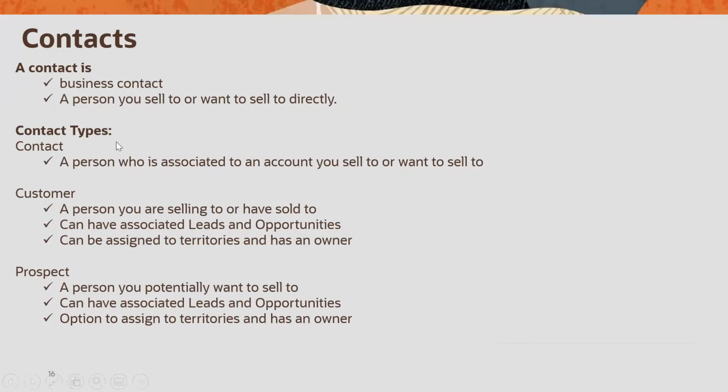Or it can be a business contact. A business contact means it is associated with some company, some account. On behalf of that company, this business contact can work. So we have different types of contacts. That is contact: a person who is associated with an account.